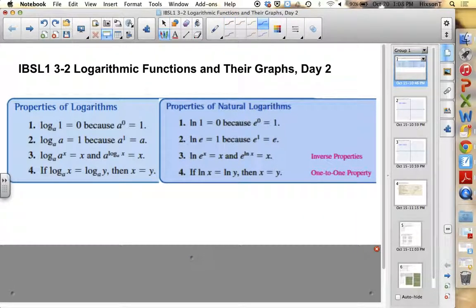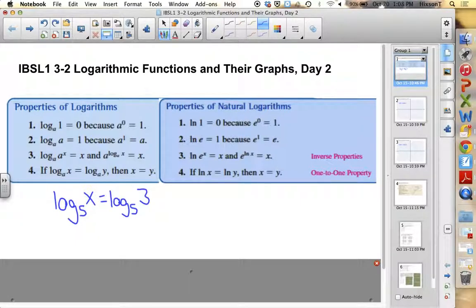And just to illustrate that, if I have the log base 5 of x, and that's equal to the log base 5 of 3, then x has to be 3. Okay? There's not going to be any other value that I could plug in that'll give me the same value as log base 5 of 3. x has to be 3.